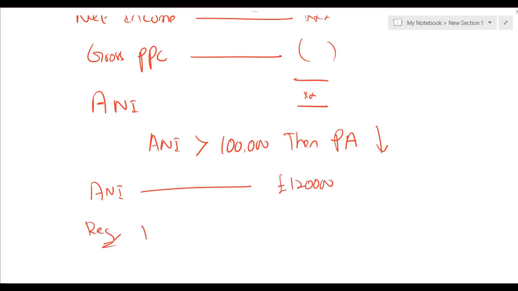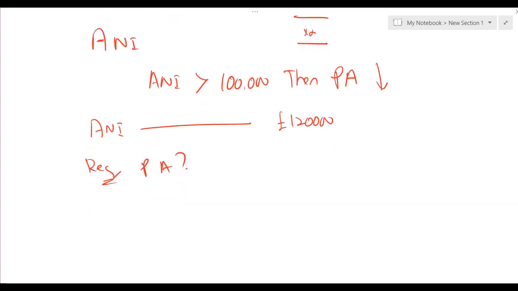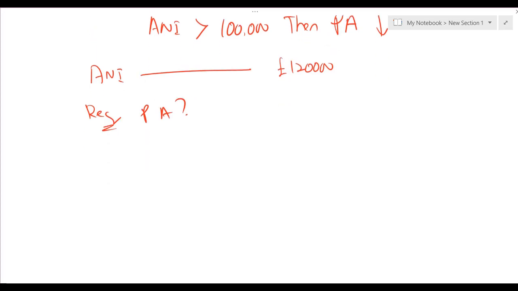and the question is how much personal allowance that individual will get. Assuming adjusted net income is 1,20,000, a very simple question which I'm asking is how much personal allowance this individual will get. All you need is to write the personal allowance, 12,570 less reduction.